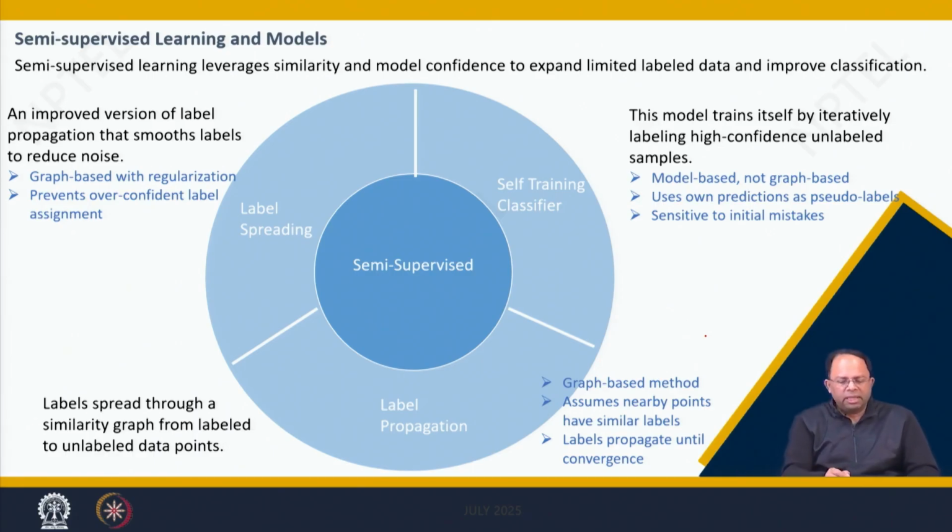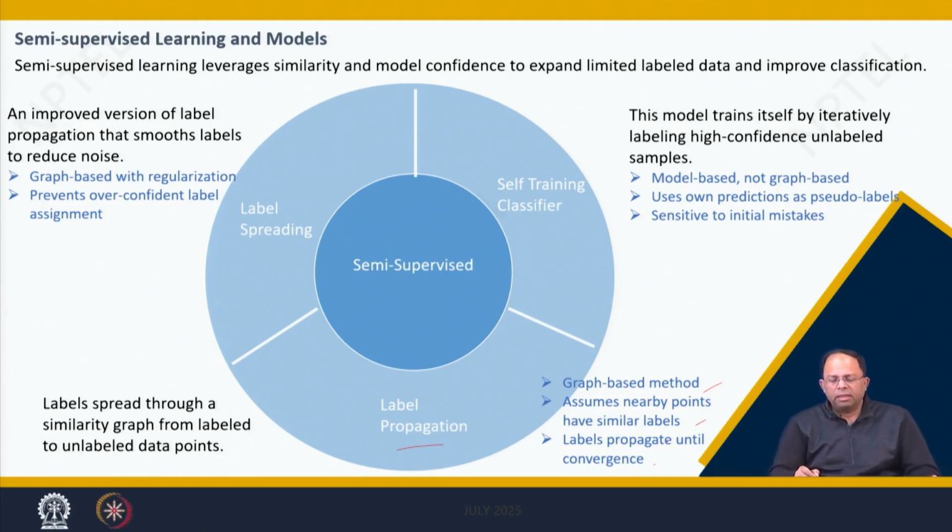Now the most common model is label propagation. This is a graph-based method. Again, we have talked about the nodes and the edges and how relationships between those could be used to do different sorts of calculations. It assumes nearby points have similar labels, and accordingly it propagates the labels, and then it does checks.